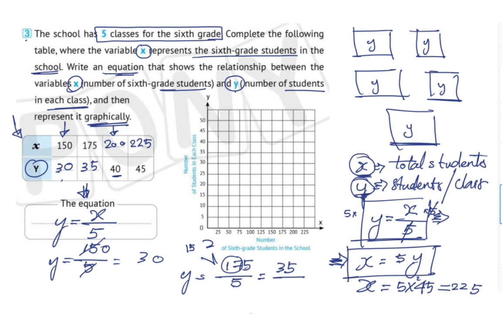Now you finished the table. You first find the equation and then finish the table. Now let's graph this data. First ordered pair: 150 with 30. 150 as X here and 30 at this point. 175 with 35. 175 here with 35. 200 with 40. 200 with 40. 225 with 45.